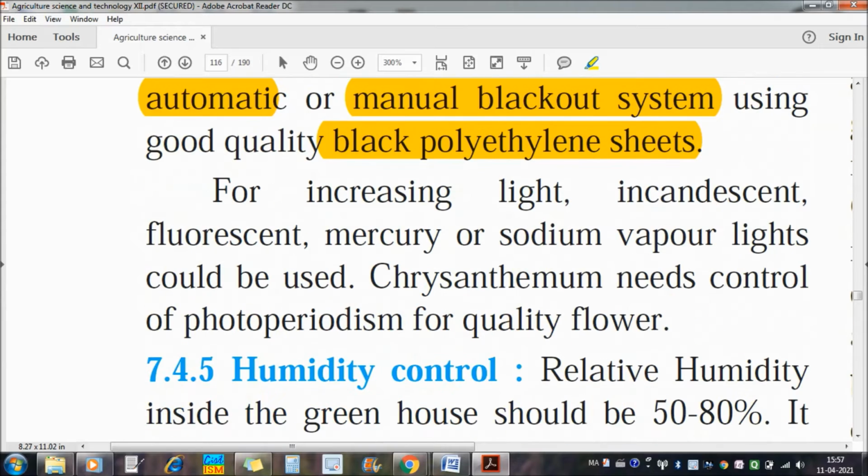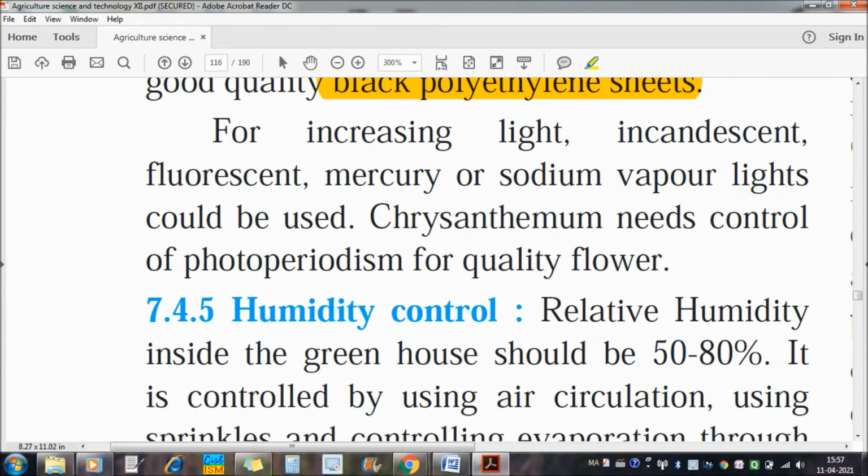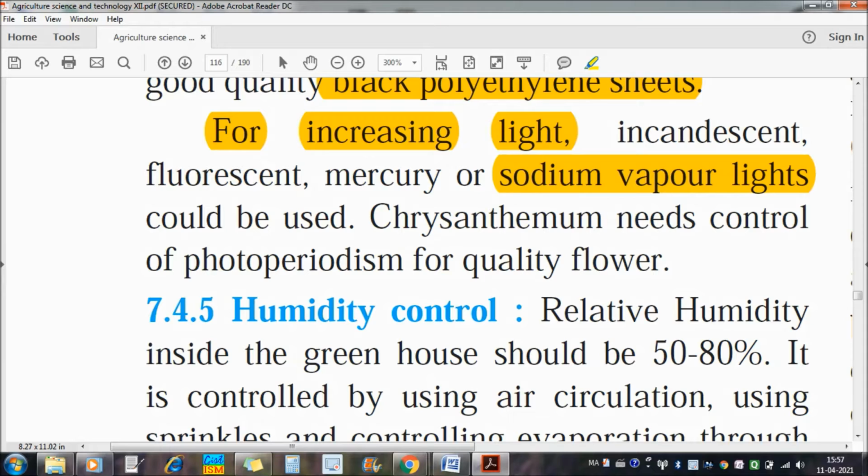Now, for increasing light, we can use different vapor lights, for example sodium vapors, mercury vapors, incandescent or fluorescent lights. They can be used to control photoperiodism.